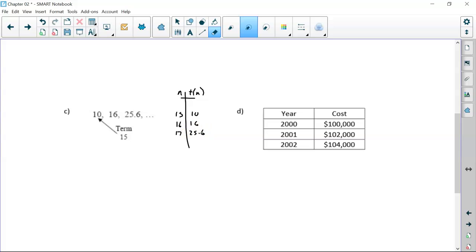We're not adding the same number each time, so it's got to be geometric potentially. So we can check, we can find a multiplier. 16 divided by 10 is 1.6. That's good because we're going up, it should be greater than 1. And then 25.6 divided by 16 is 1.6 as well. So this is definitely geometric.